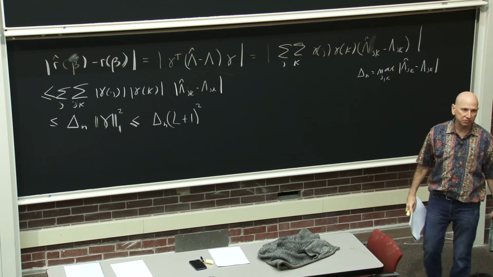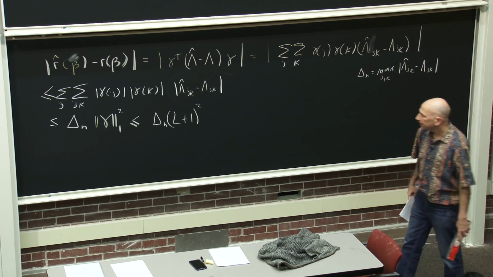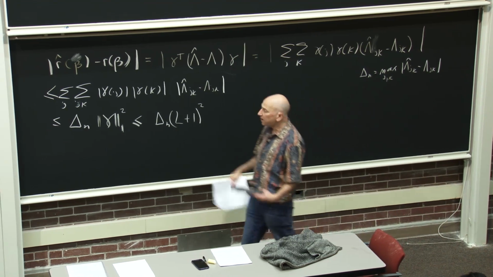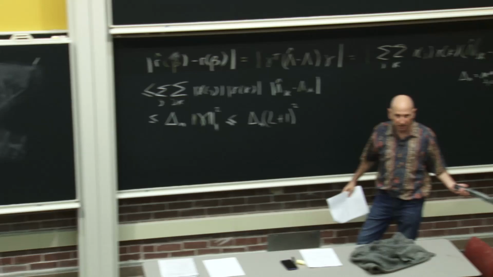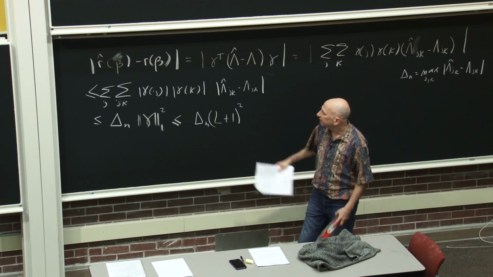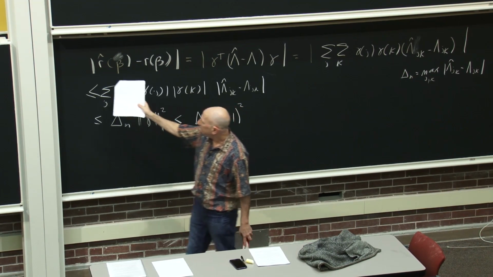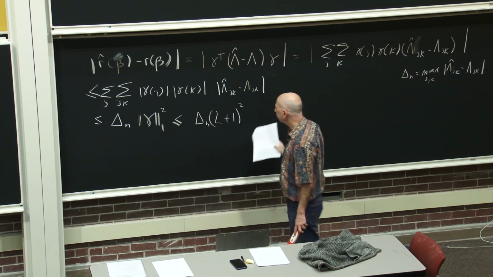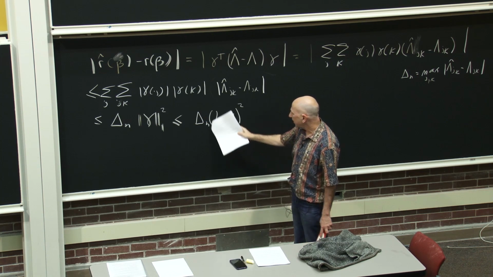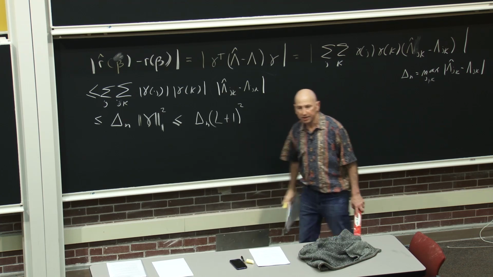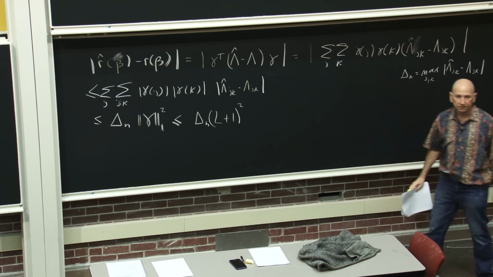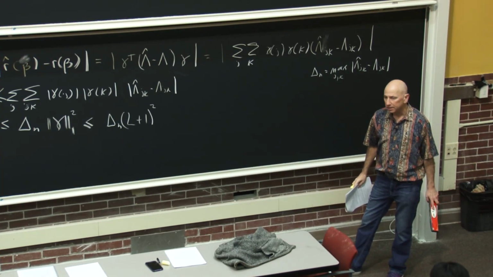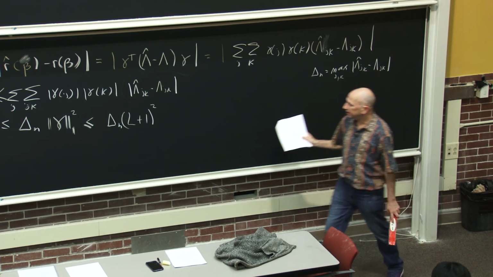We'll come back to that. That's where our concentration of measure comes in. But what we've discovered is just by the nature of the lasso and how it's formulated, the empirical risk and the true risk are bounded by this L1 norm squared and this random quantity delta n. And so we're going to bound delta n in a minute.